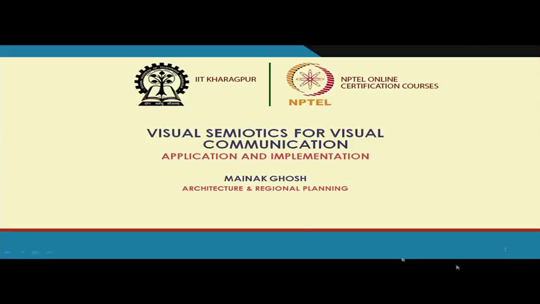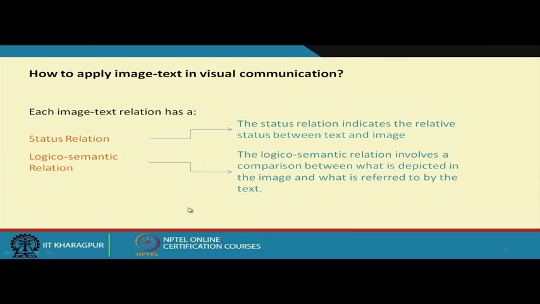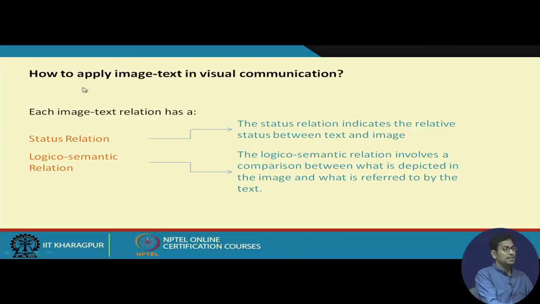So today's topic, we will look at the applications and implementations. So how to apply image text in visual communication. We have learned that there are two components of visual communication. That way it is pretty simple, but just these two components make it also complex, and this is one of the most subjective domains ever possible, which is researched on and interpreted.